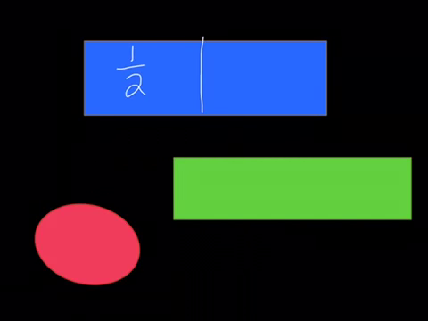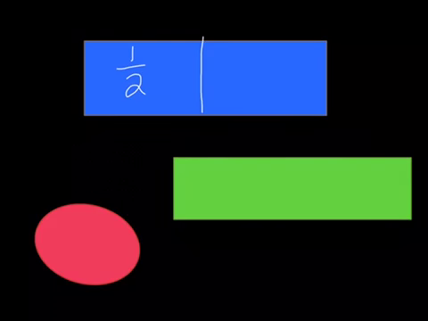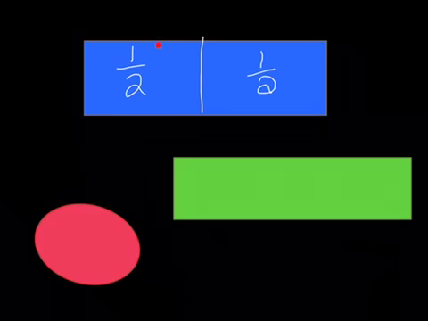And if I asked you what fractional part this piece represents, you would tell me that this is 1 piece out of how many total parts? Let's count them. This is 1, 2. So this is 1 piece out of 2 parts. And this piece is 1 piece out of 2 parts. So each part represents 1/2 of the entire shape. So 1 out of 2 parts is represented as 1/2. Let's look at our red circle now.